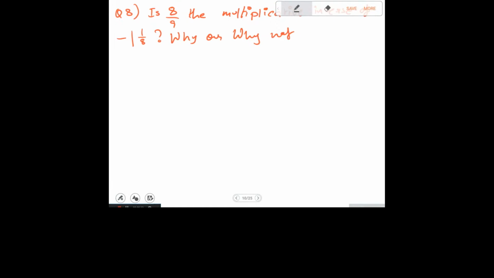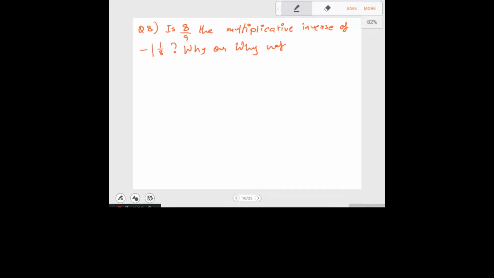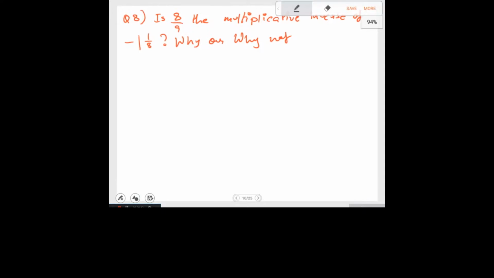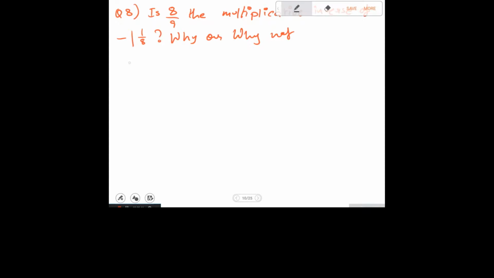And question 8: is 8 by 9 the multiplicative inverse of minus 1 by 8, 1 by 8, why or why not? So minus 1 by 8 equals minus 9 by 8.